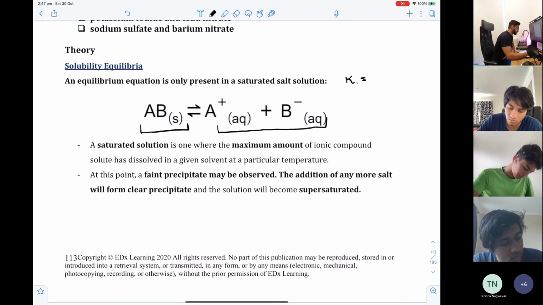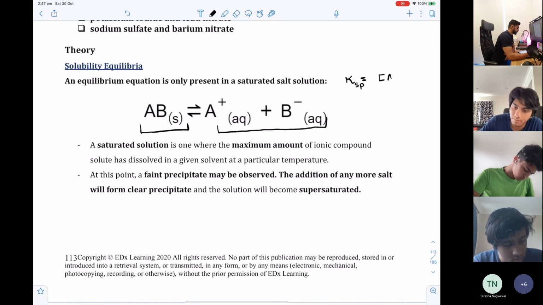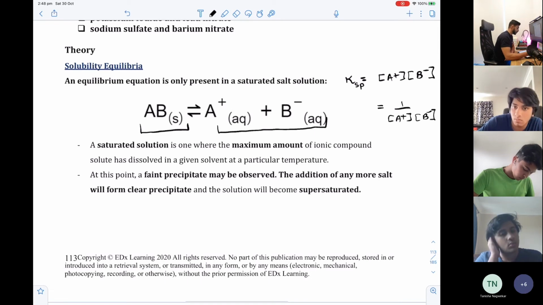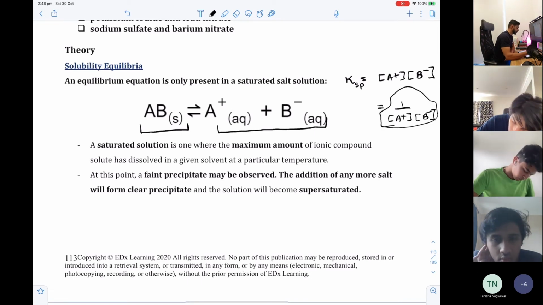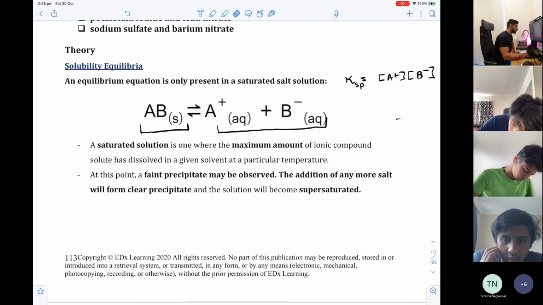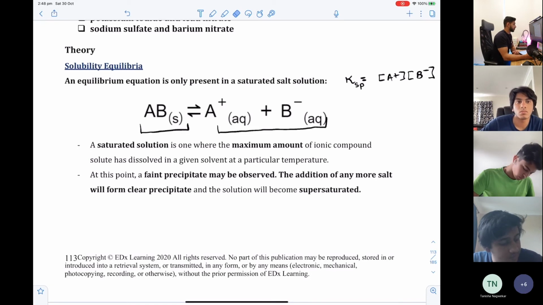Finding what we call the solubility product, you'll have to find the concentration of ions A plus and B minus. Or if you were to do it the other way, you'd get 1 on A plus and B minus. That's not wrong. You can do it the other way, but it would make your calculations much more difficult, and you'd actually get different K values. So you'd definitely get the question wrong as well. So make sure your ions are always on the right-hand side. That is my first tip.